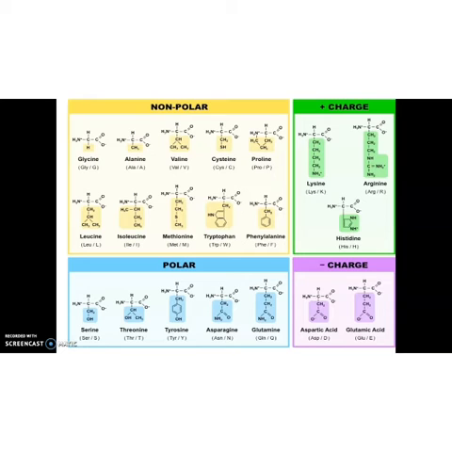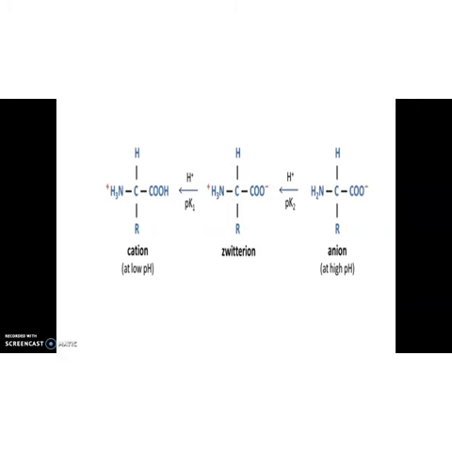And a particular property of amino acids is the ionized nature of the NH2 and COOH groups. See here, you can see NH3 plus, a positive charge, and a negative charge in the same amino acid. That's why this charged amino acid is termed a zwitterion.